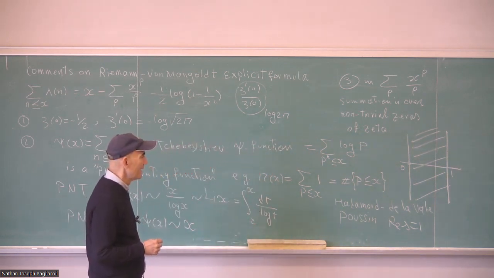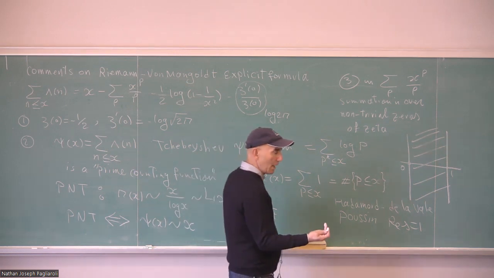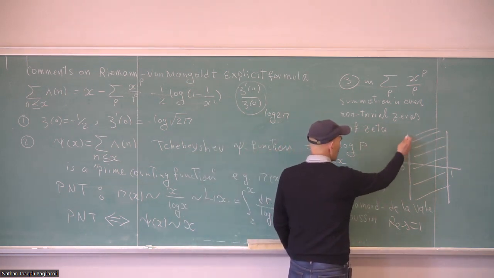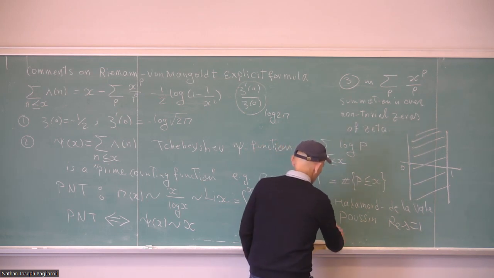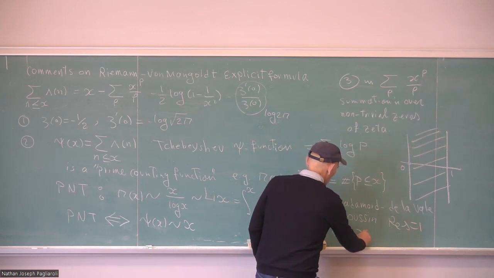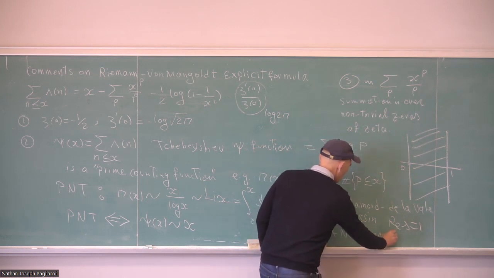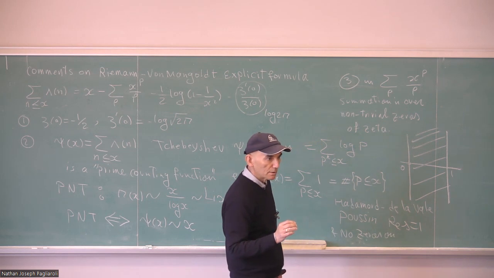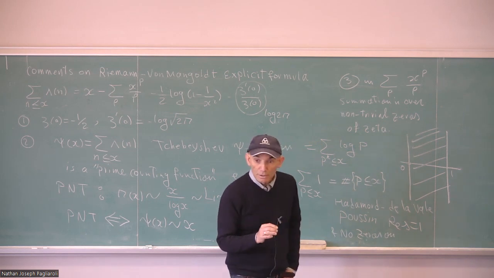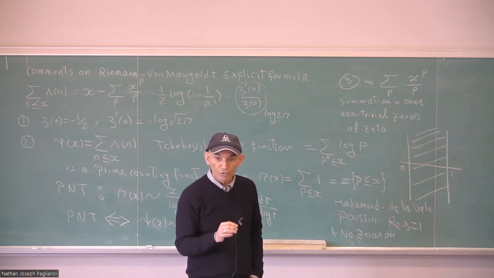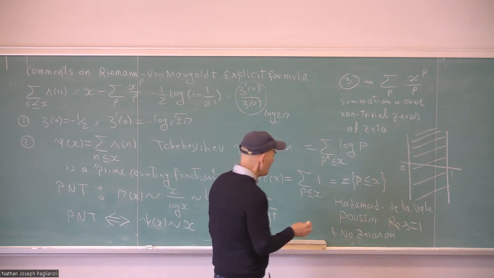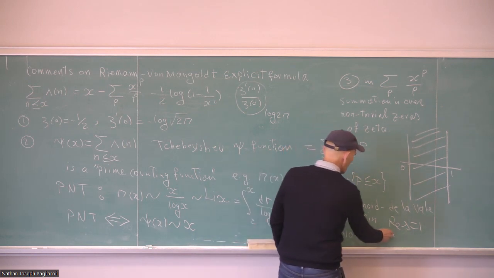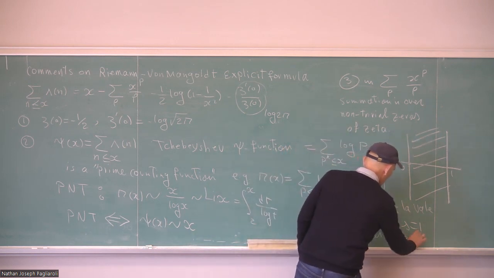You see? And now I claim that there are no zeros on the line real part of s equal to 0. Why? What is the functional equation? Capital Z, yeah, exactly. From that, it follows that there are no zeros on real part of s equal to 0.